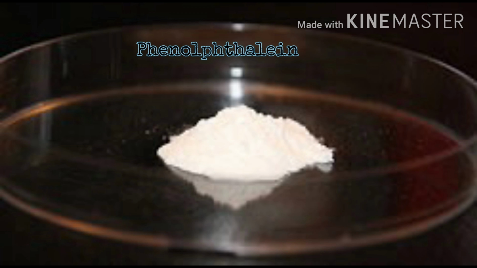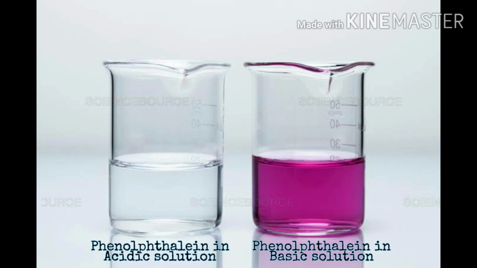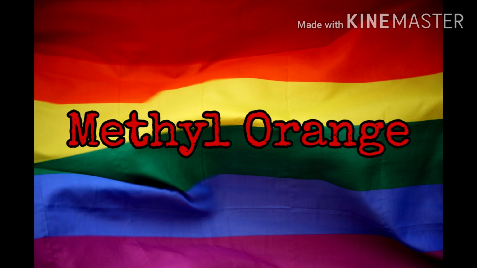Synthetic indicators and its types. Phenolphthalein. Phenolphthalein is a synthetic organic dye. In neutral or acidic solution it is colorless, while in the basic solution, the color of indicator changes to pink. Methyl orange.